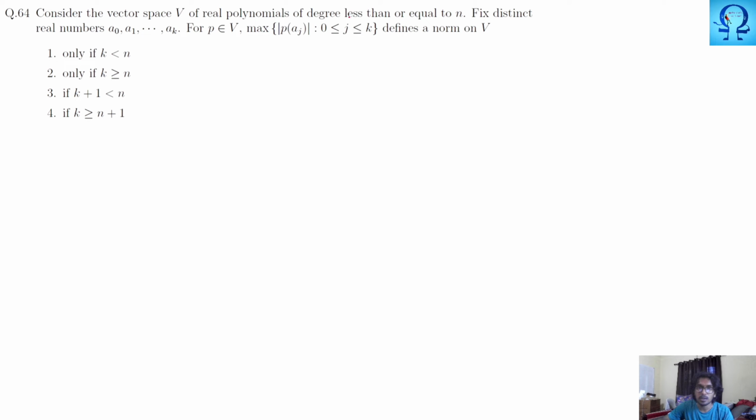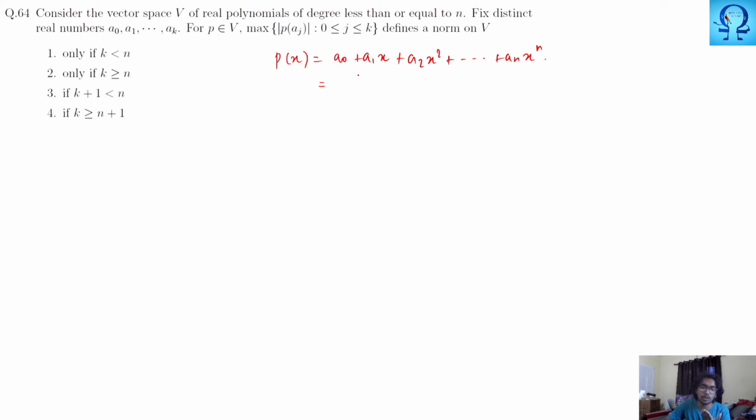Okay, polynomial of degree less than or equal to n. So p of x may be written as a0 plus a1x plus a2x squared, etc. till an x power n. It is a vector space, all this stuff is fine.